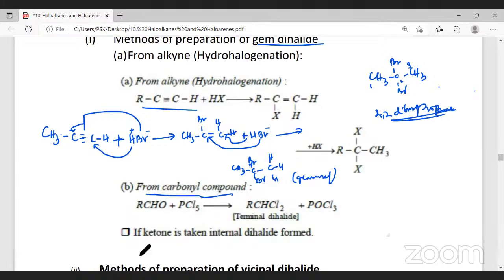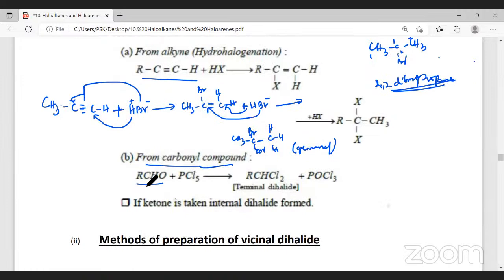The next one is from carbonyl compounds. Now, from carbonyl compounds, here an aldehyde is taken as the carbonyl compound. Ketone is also a representation of a carbonyl compound, but in the example they've taken an aldehyde. Now, if we take acetaldehyde, CH3, CH double bond O, and it is heated with phosphorus pentachloride, I will write phosphorus pentachloride as Cl2 and PCl3.